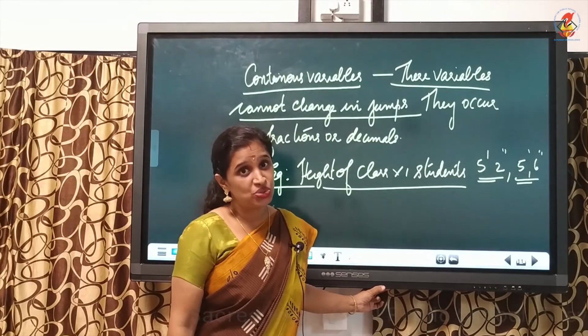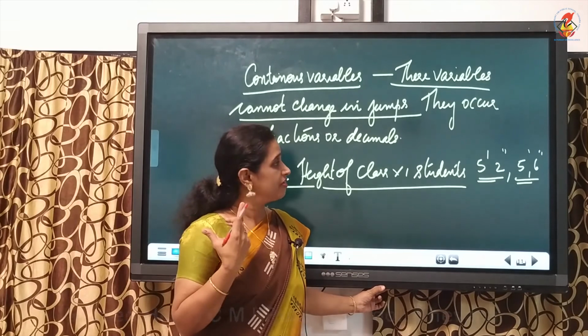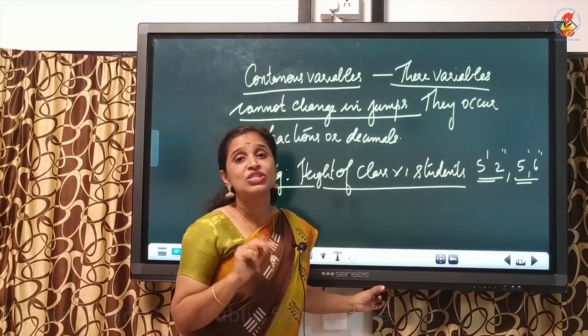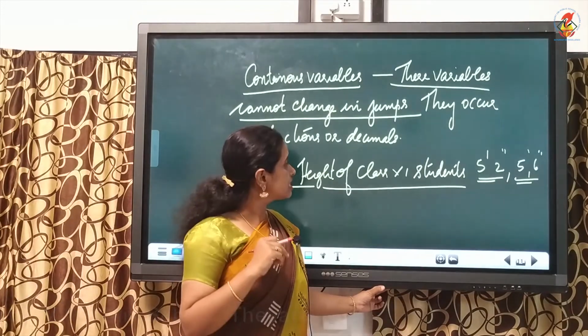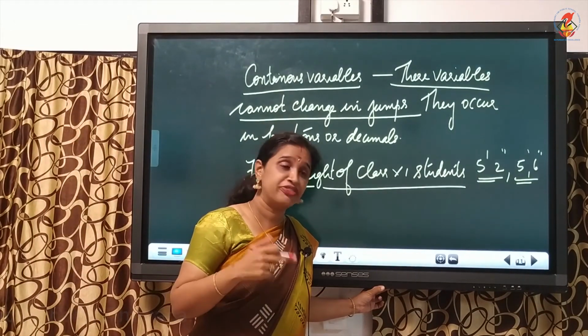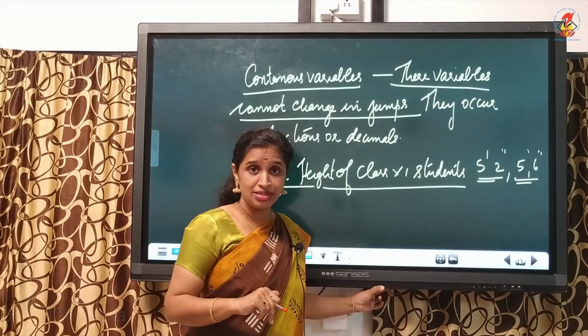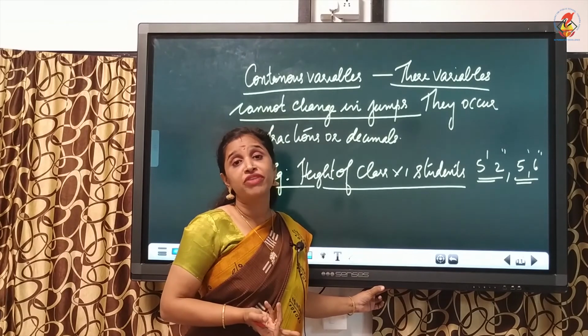5'2" means 5 feet 2 inches. So that is the height of the students, and this is how we measure the height of the students. 5'2", 5'6", isn't it? 1.5 liters, which can occur in fractions.